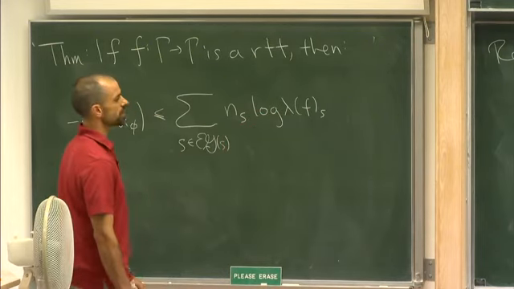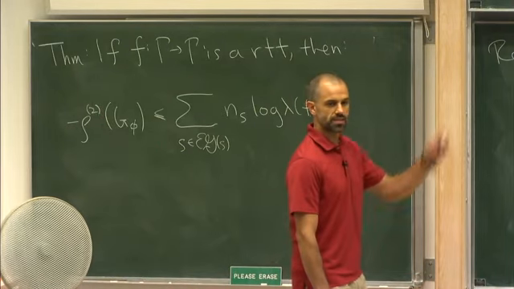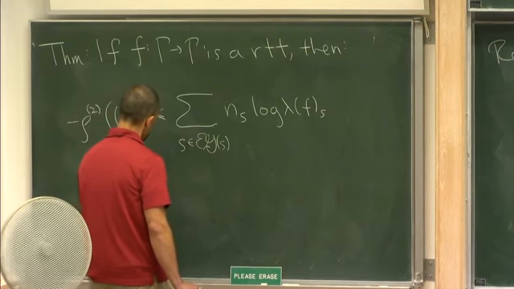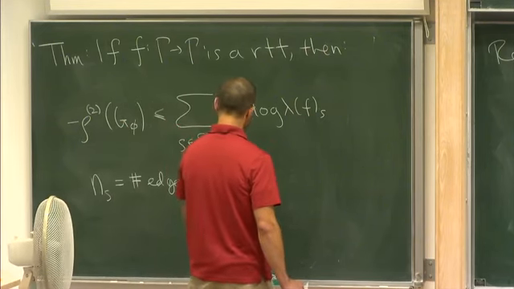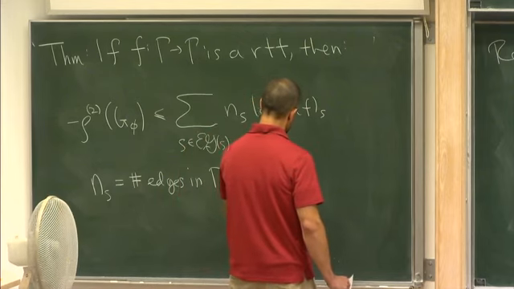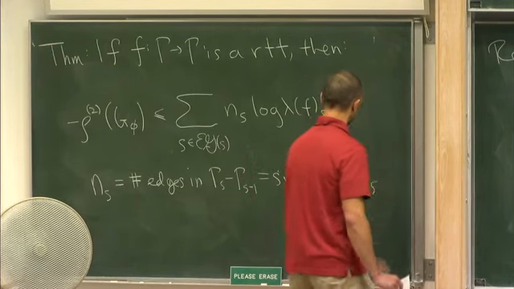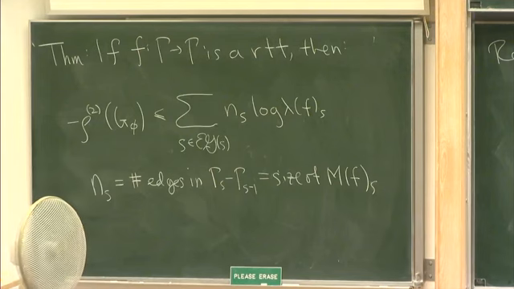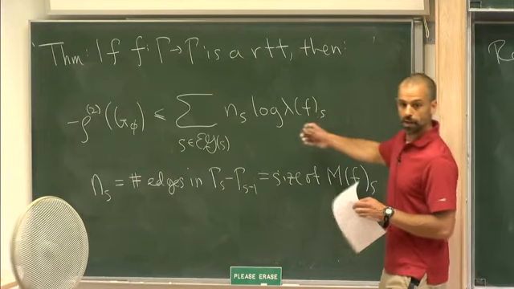And I didn't tell you what this n sub s is yet. N sub s is just the number of edges in the stratum, or it's just the size of the submatrix. Okay? All right, so that's the main theorem, that we can bound the torsion in terms of the dynamics of this relative train track.